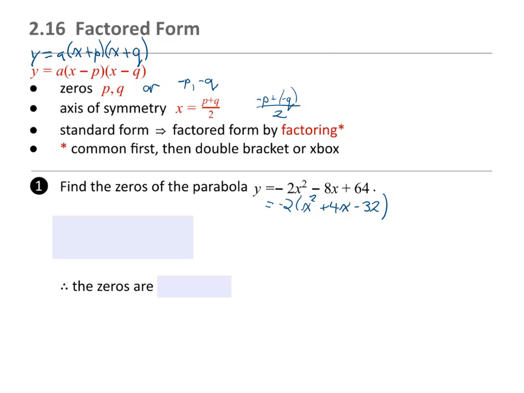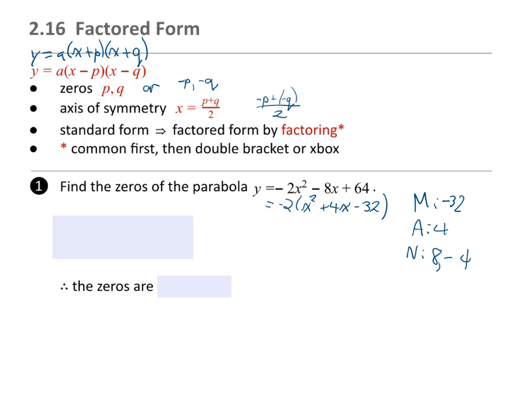So it's going to multiply to negative 32. It's going to add to positive 4. What numbers multiply to negative 32 but add to 4? If you said positive 8 and negative 4, you are correct.